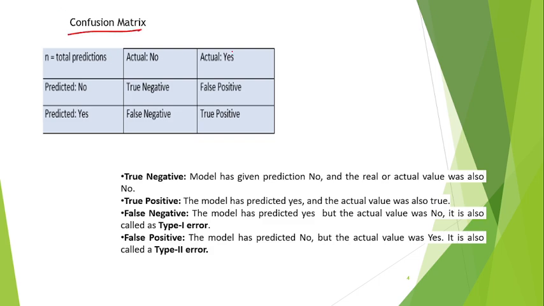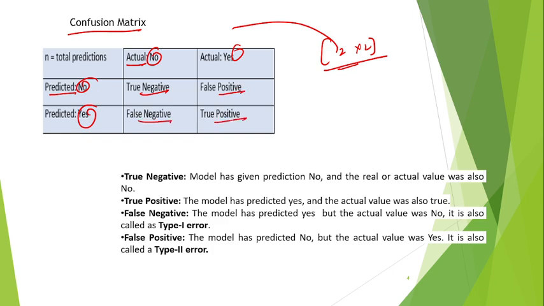I have got a 2 by 2 matrix which is in this form. This is my actual and this is my prediction. No, no, yes, yes. There is true negative, false positive, false negative, true positive.